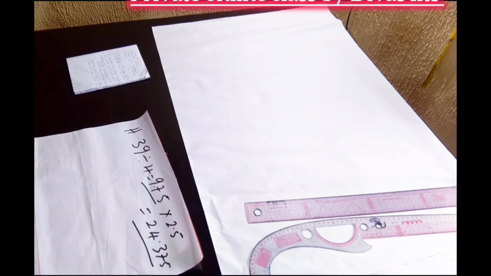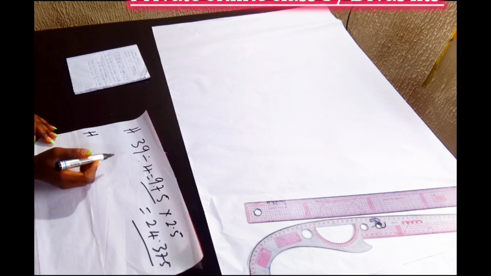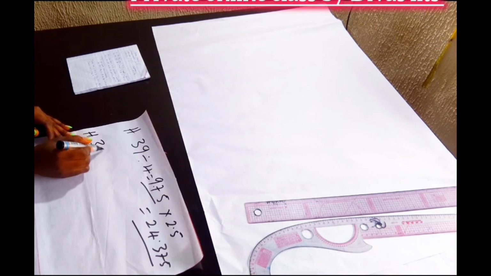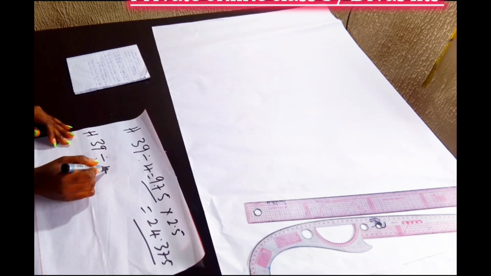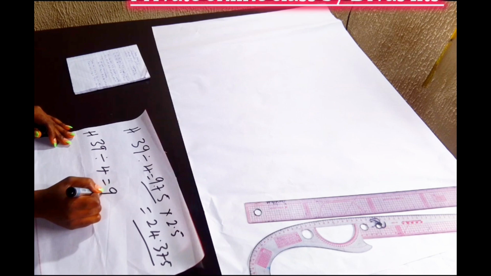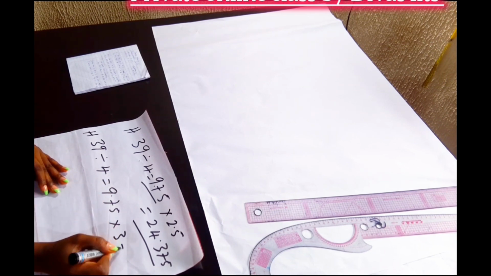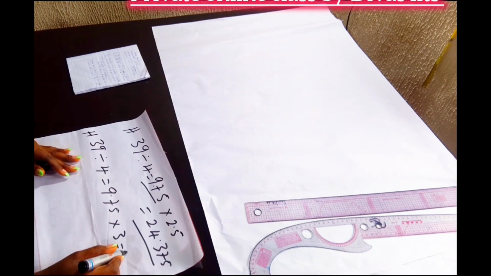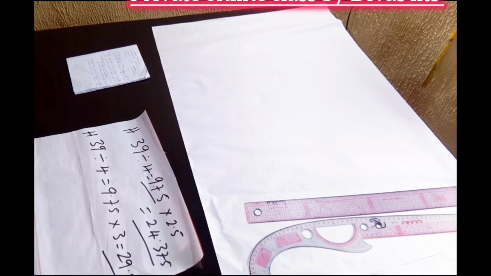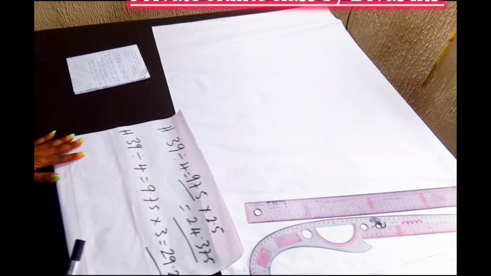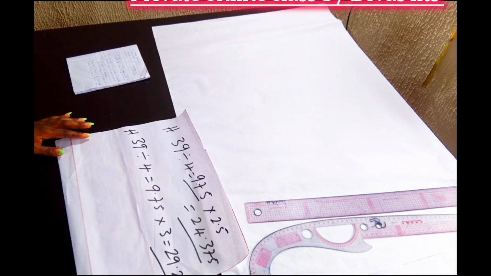But if you want it to be just like the picture that you sent to me, then you say your hip circumference measurement, which mine is 39, divided by 4 equals 9.75 multiplied by 3, and that will give me 29.25.